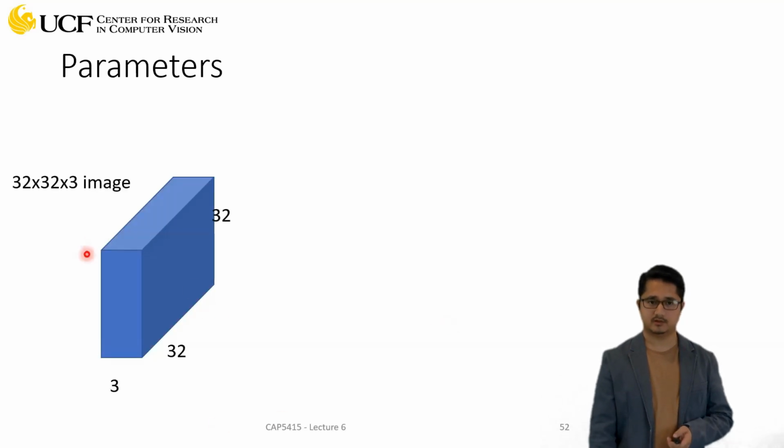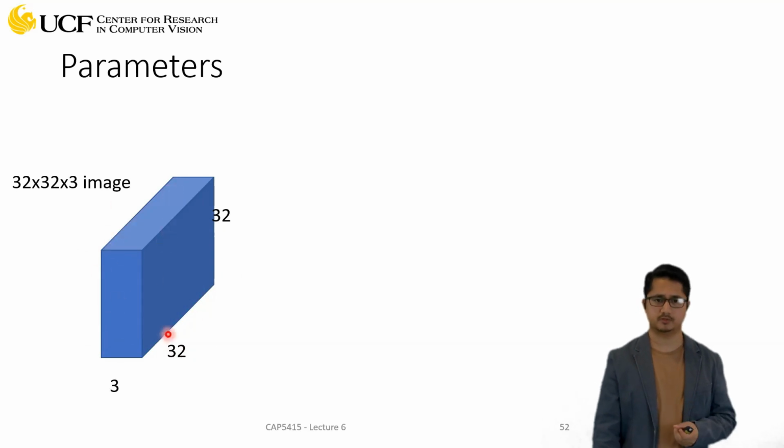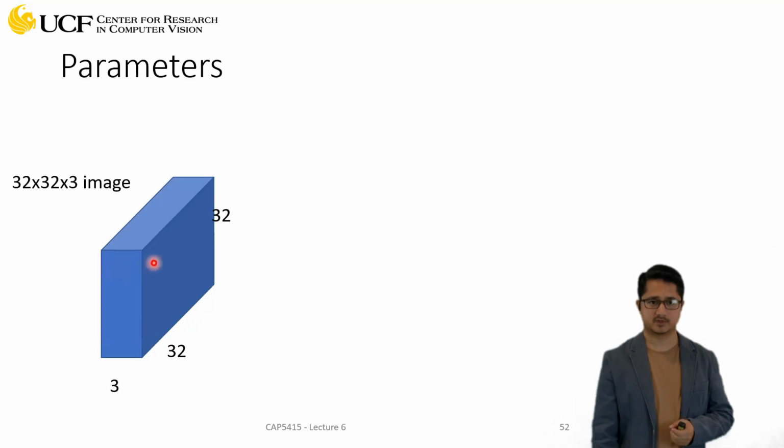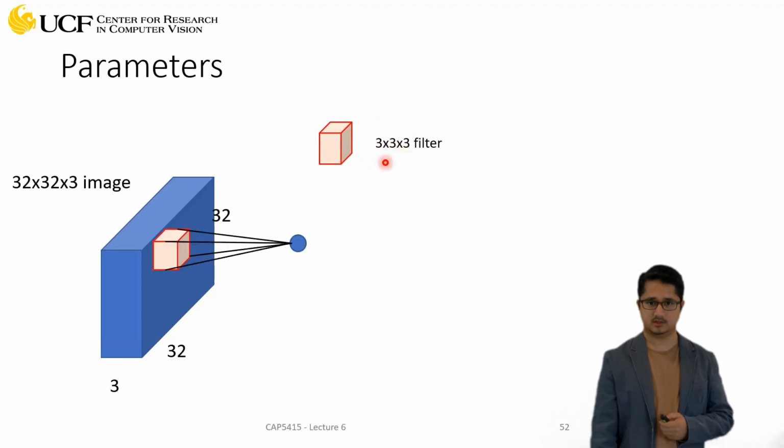Let's say we have a certain volume. It could be an input image, or it could be a feature map in between your CNN. The shape is 32 cross 32, and the depth is 3. Let's say we are using a filter of shape 3 cross 3 cross 3.